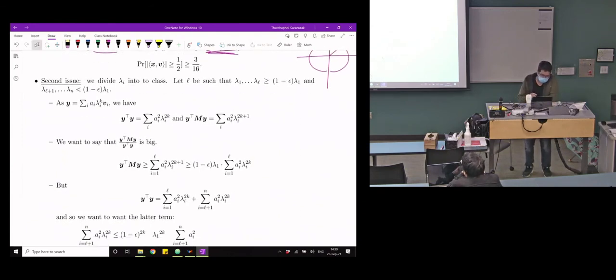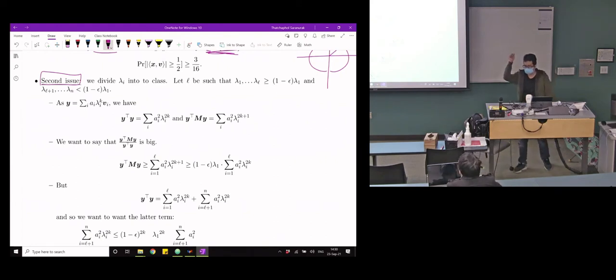And how about the second issue? It seems more serious because the first and second eigenvalue might be very close to each other. But the point is that we don't actually need that.